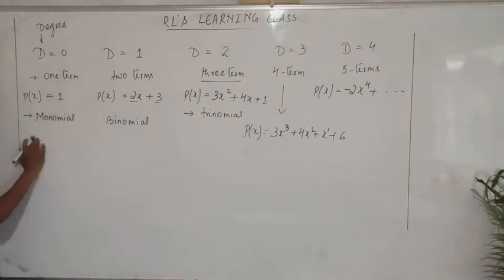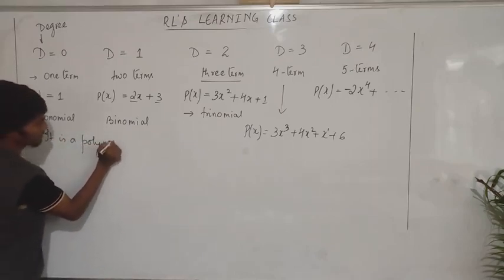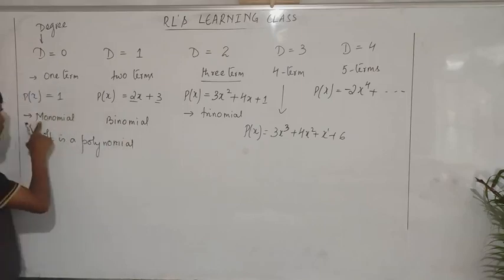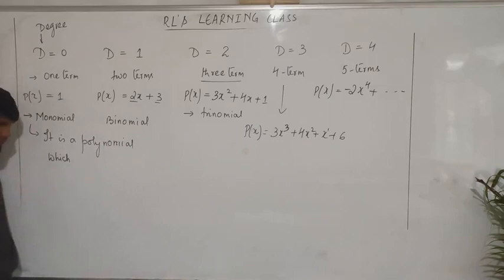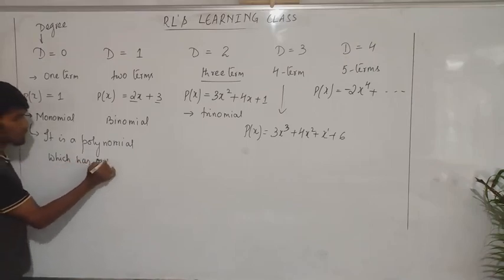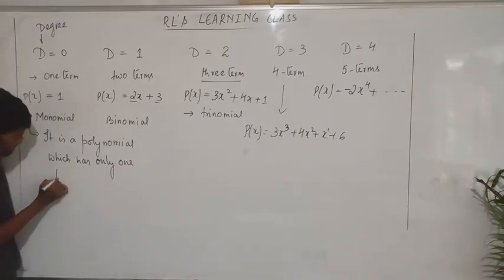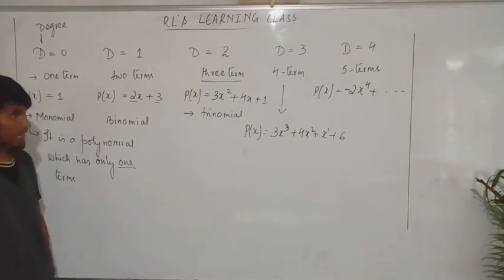A monomial is a polynomial which has how many terms? It is a polynomial which has only one term. Okay, then binomial, a polynomial which has 2 terms. Then trinomial which has 3 terms.